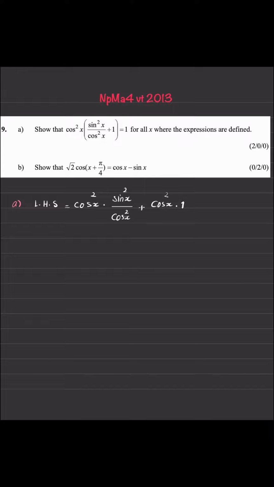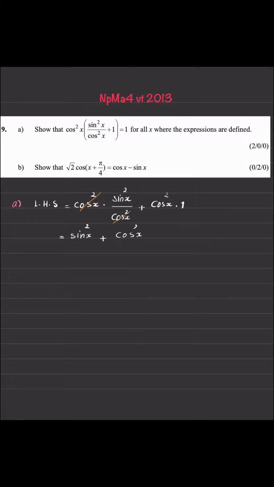But then you see that this cos²x and that cos²x cancel. From the first fraction, only sin²x is left. And the second one is cos²x times 1, which becomes cos²x.